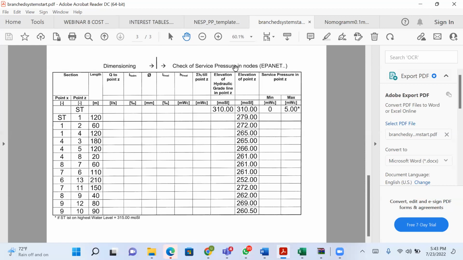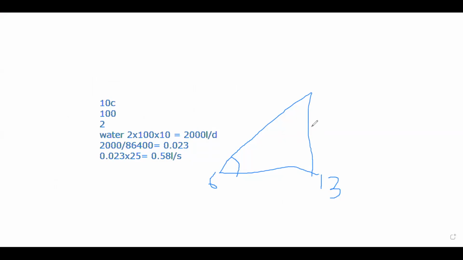Okay, the slope is from the elevation, right? Now, slope is the difference between the vertical and the horizontal. So this is y, and this is x, and this is the angle theta.